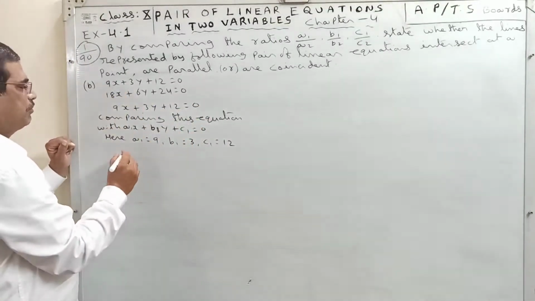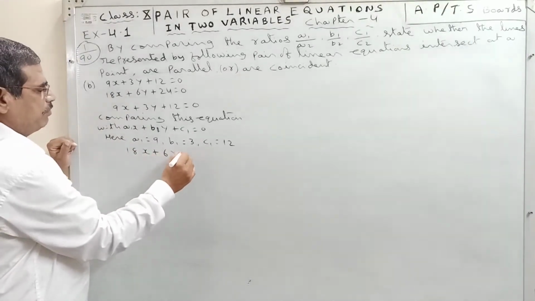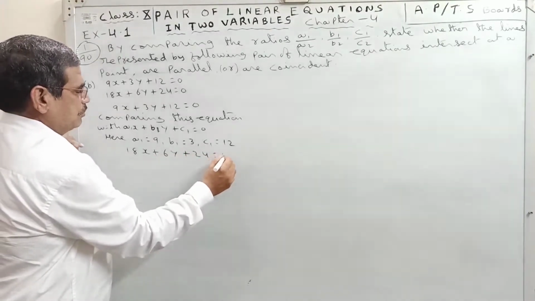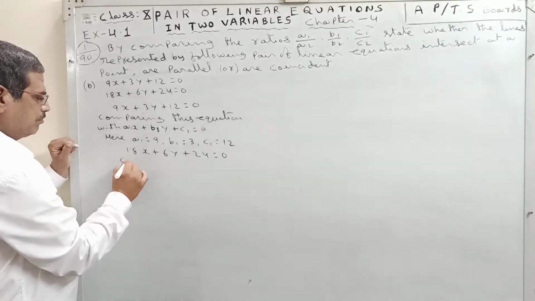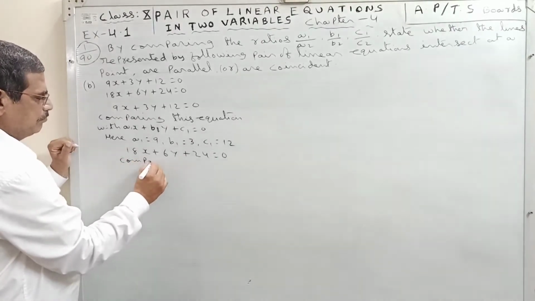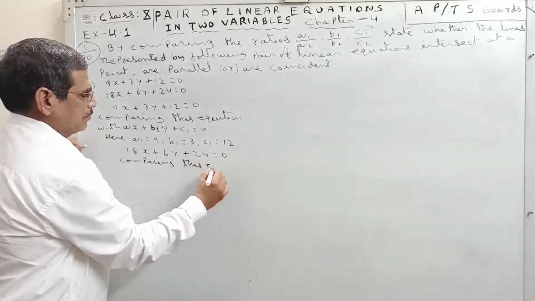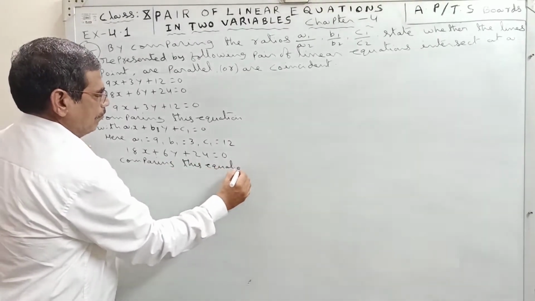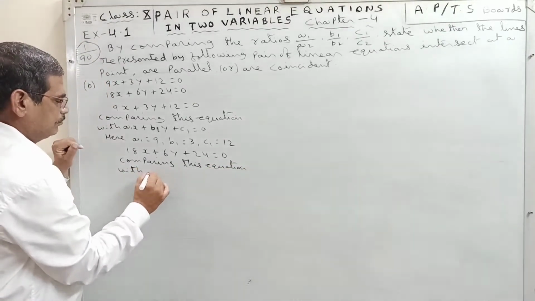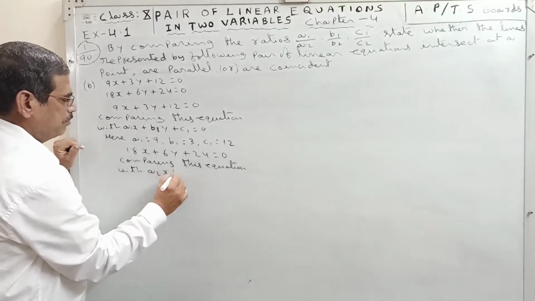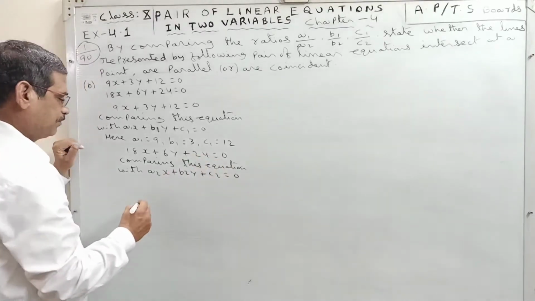I am writing the second equation: 18x plus 6y plus 24 is equal to 0. Same, comparing this equation with a2x plus b2y plus c2 is equal to 0.